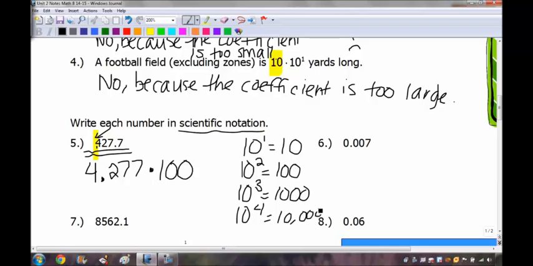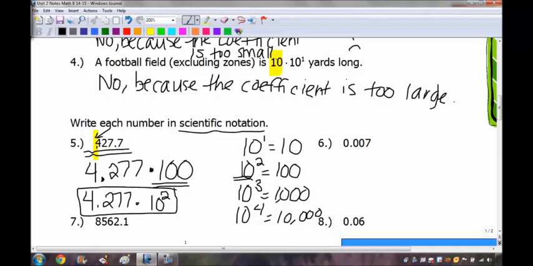So if I'm multiplying by 100, it's 10 to the second power. What I'm doing is multiplying by 10 two times, and that makes sense because 10 times 10 is 100.